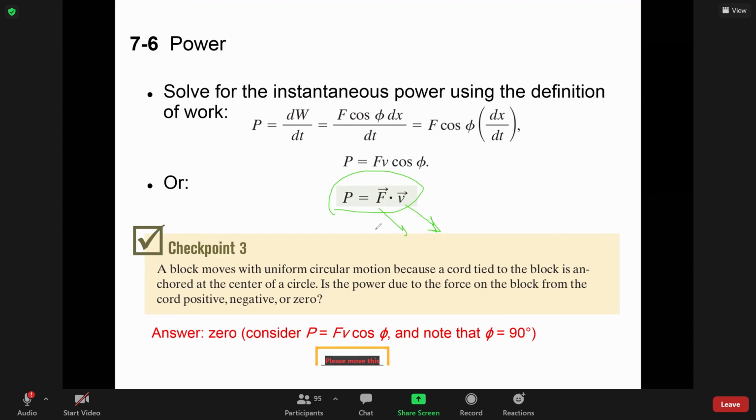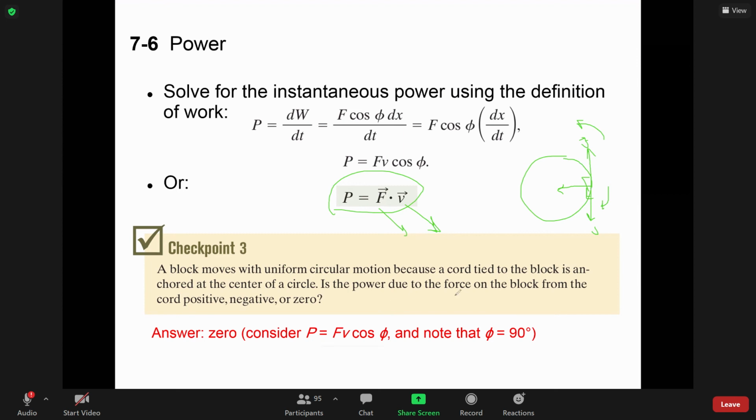Let's take an example. A block moves with a uniform circular motion. Remember in uniform circular motion, this is the direction of the centripetal force, but where is the direction of the velocity? Either up or down, because we said it is tangential. In any case, whether clockwise or counterclockwise, the angle with the centripetal force has to be 90 degrees. So the power done in a uniform circular motion by the centripetal force should be zero.